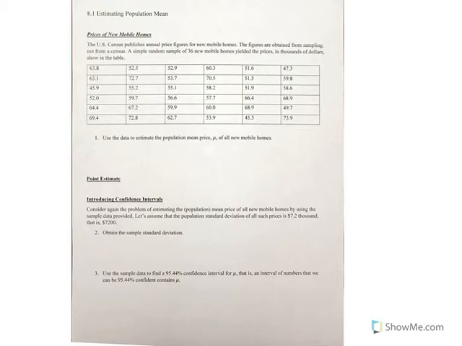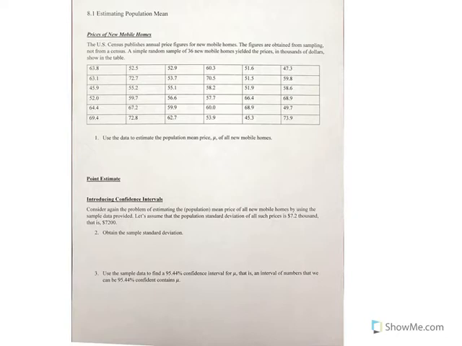You have a simple random sample of 36 new mobile homes, and those are their prices in thousands of dollars shown in the table. So 63.8 will represent 63,800, and 52.5 will represent 52,500.